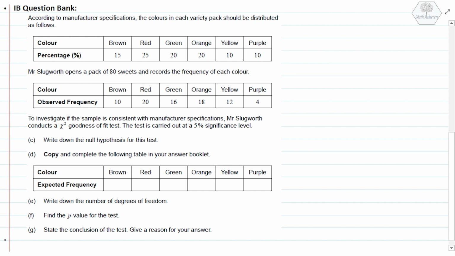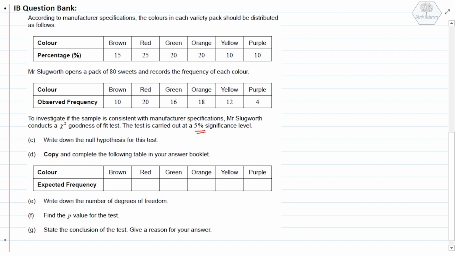Mr. Slugworth opens a pack of 80 sweets and records the frequency of each color. This is the observed frequency. To investigate if the sample is consistent with manufacturer specifications, Mr. Slugworth conducts a chi-squared goodness of fit test at 5% significance level.